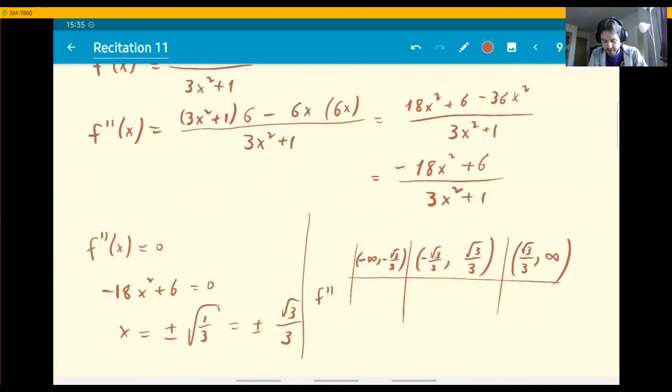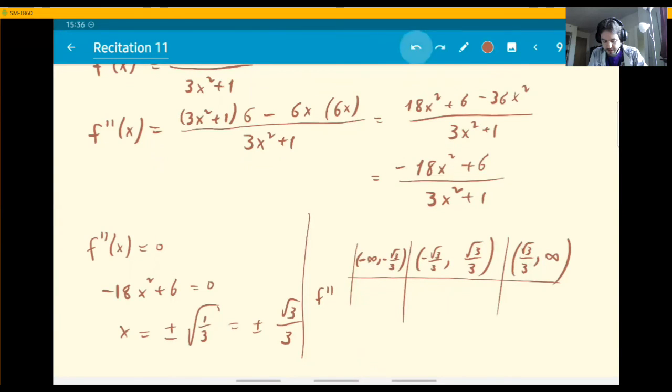Many ways to analyze what's happening here. Instead of plugging in points now, I'm just going to think about that. Look at the f double prime function. The denominator is always positive, so that's not going to affect your sign. You just have to look at the numerator. And the numerator is a parabola that points down because it's minus in the x squared term.